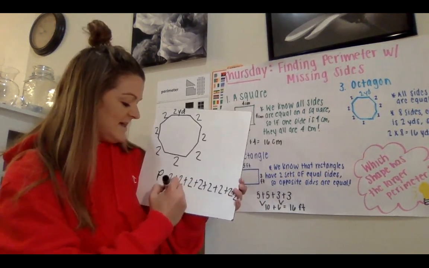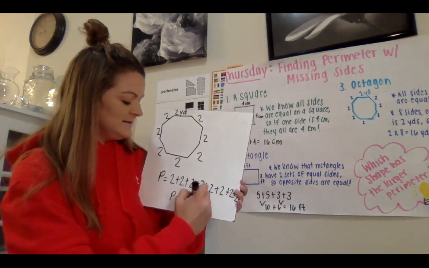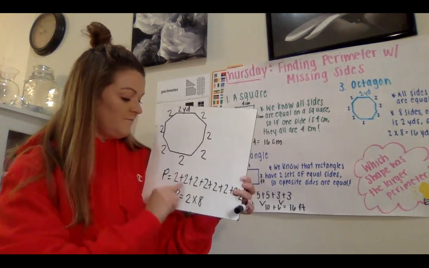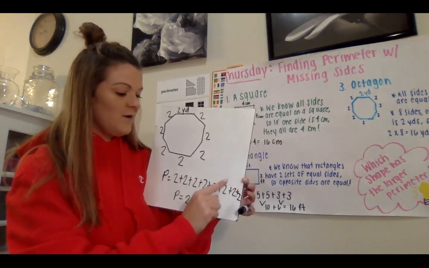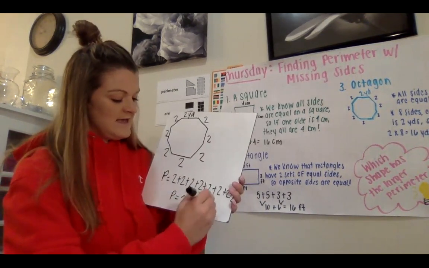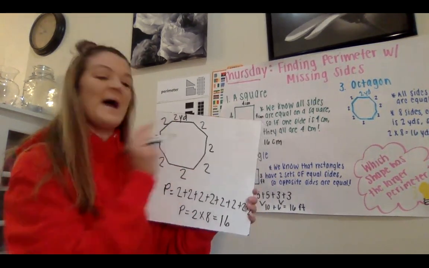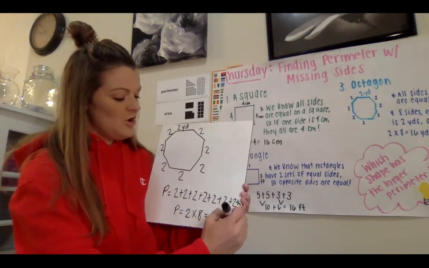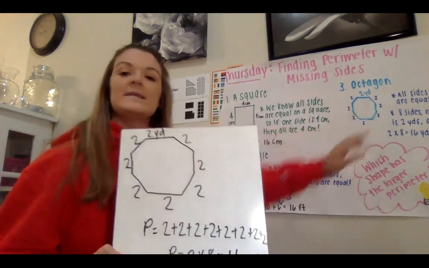Yes, I could say 2 times 8. Because I'm basically just going 2, 4, 6, 8, 10, 12, 14, 16. 8 groups of 2 is 16. Now I go back to my problem, 16 what? 16 yards. And I went ahead and labeled it.